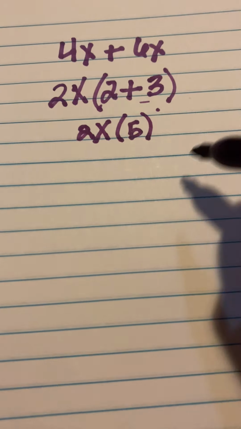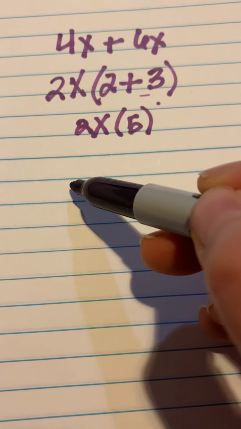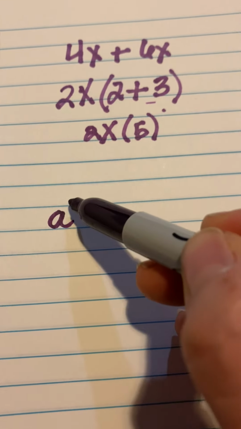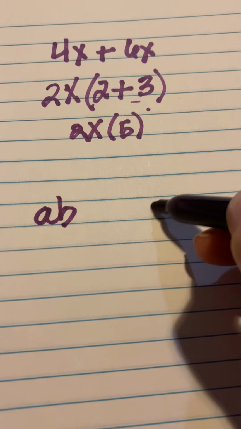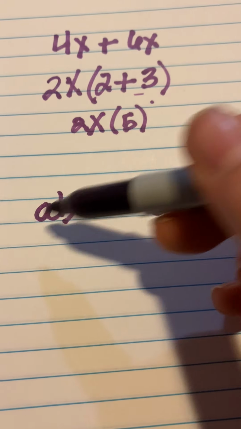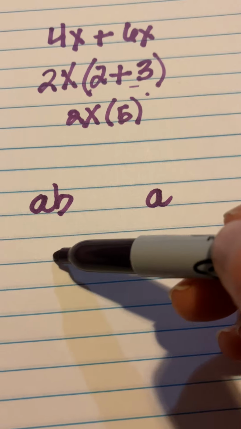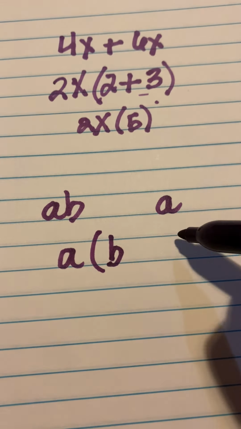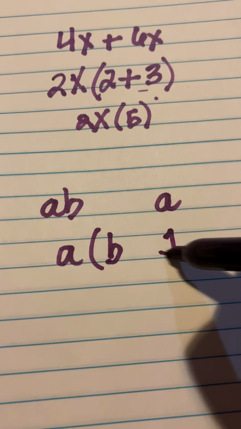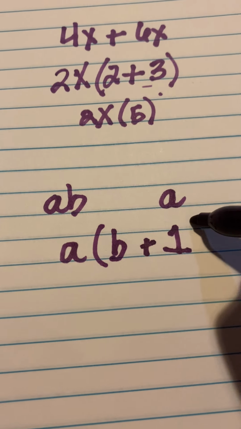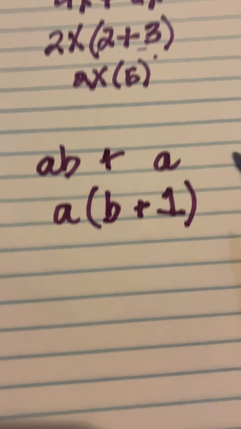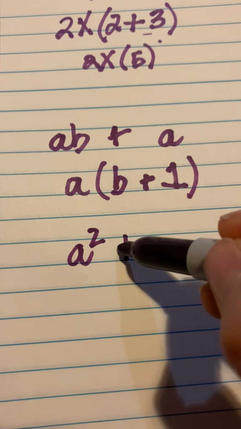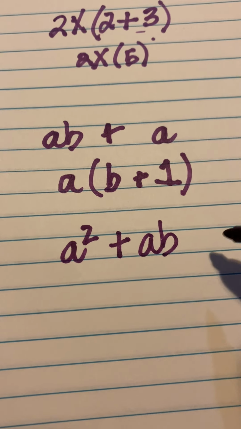Now, let's talk about some other variables. Let's say I have a group of AB and another group of just A. What's the thing I can take out of both of them? The A, right? So in that case, I'd be left with B, and I'd be left with 1. Okay, let's try A squared plus AB.